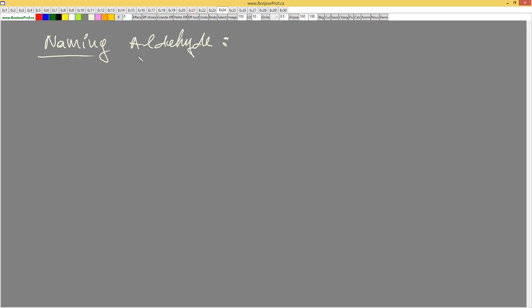How are we going to name them? We're going to give some examples. One example: say I have a C here, with the double bond, oxygen, a hydrogen, and this one will be CH3. So how many carbons do I have here? 2. If there is no O here, if it were an alkane, it would be ethane.